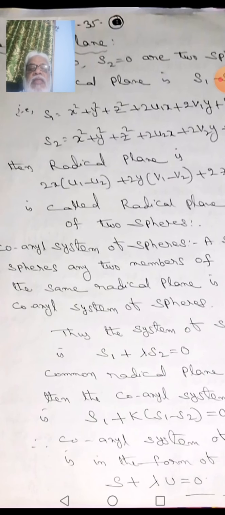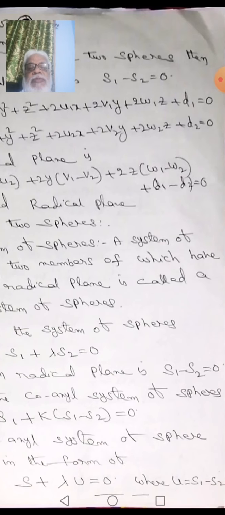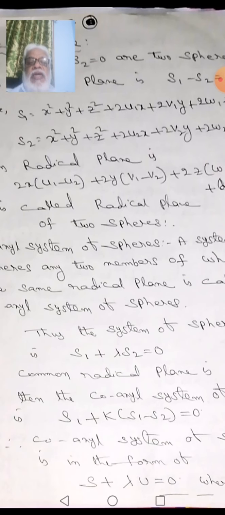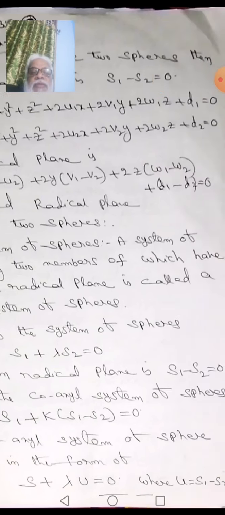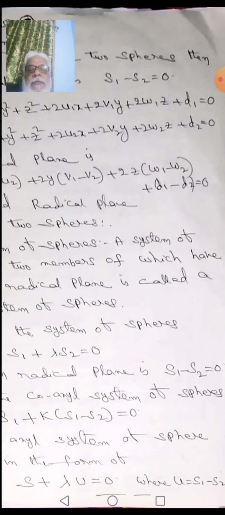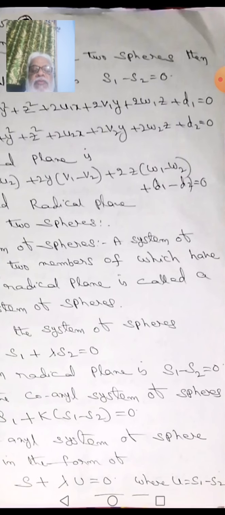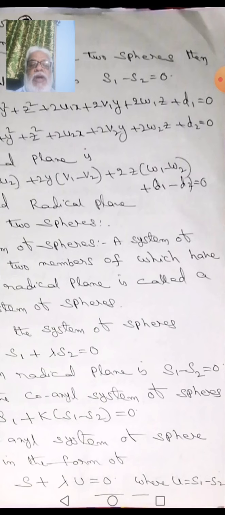Then the coaxial system of spheres is S1 plus k(S1 minus S2) = 0. Therefore, the coaxial system of spheres is in the form S plus lambda U = 0, where U is S1 minus S2 = 0.